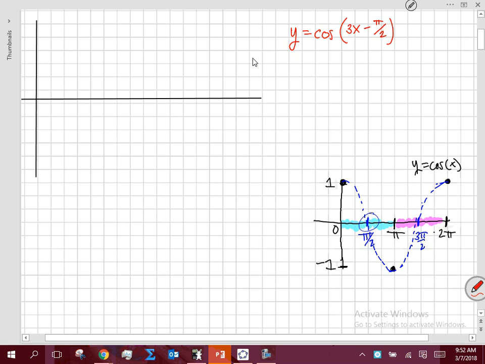All right, so if we do this one, now this is a little bit different because there's a horizontal shift here, right? Now your horizontal shift is not going to be pi over 2 units, because you need to factor that 3 out.